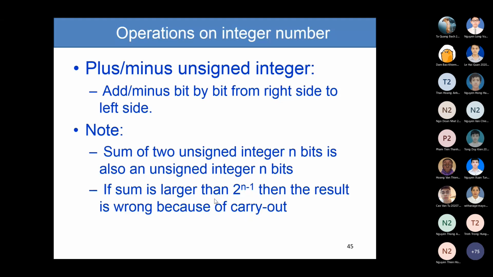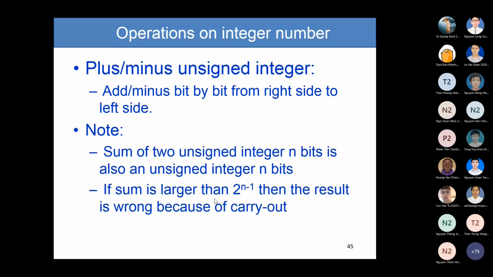For example, last week we studied how to add two binary numbers: 1 plus 1 equal to 0, we remember 1 and write it to the left. It means if we add two 8-bit numbers, the result may be 8 bits and maybe also 9 bits, right? If the last carry is still remembered, the number of bits will increase.